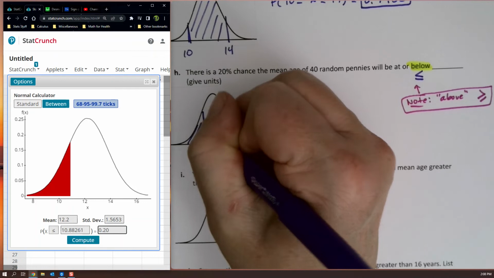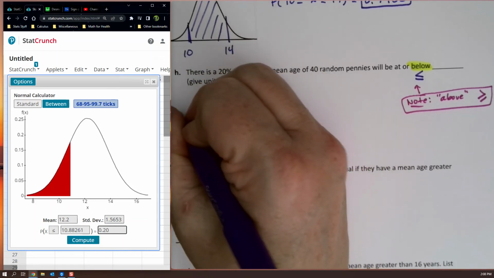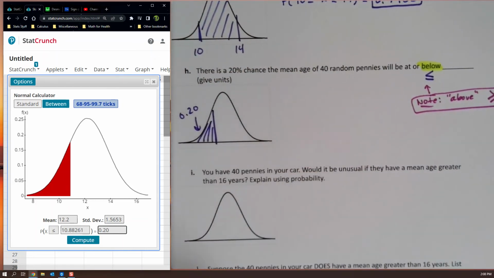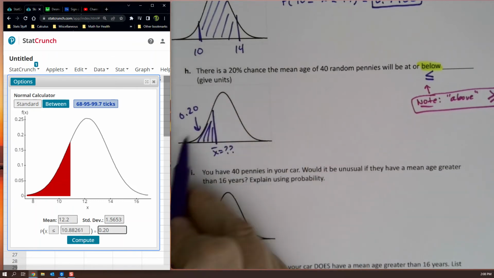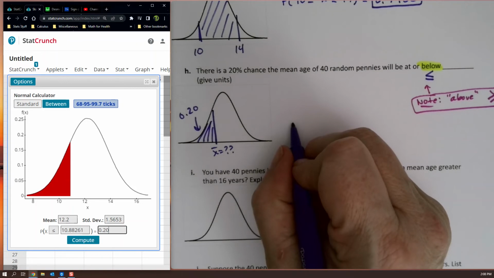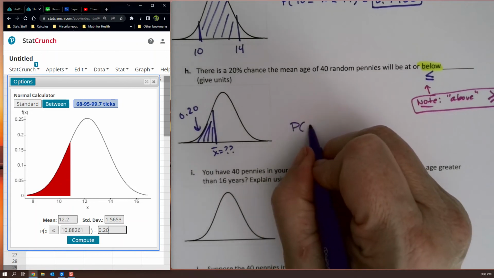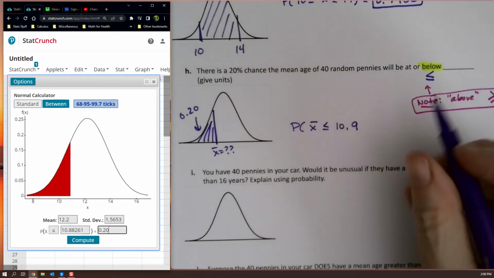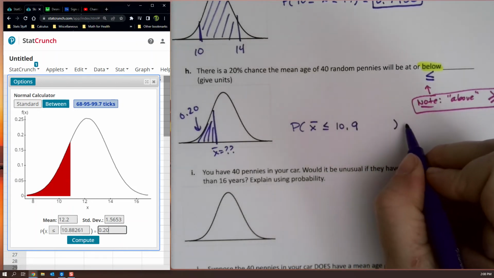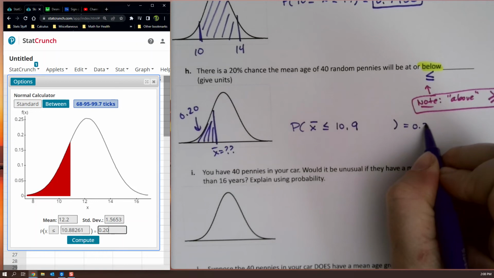All right, so let's shade. We have 20% of the curve shaded. This is the part that's given. You know that that's 20%, and you're looking for this value. At or below what value? So when I write this out, I'll say X bar less than or equal to 10.9, and I'm going to leave space because there's actually a unit there, equals 0.20.